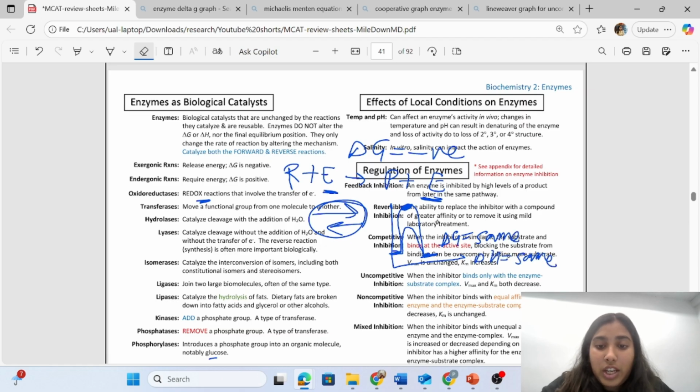The only thing changing is this big energy jump. Instead of taking a larger jump, you're taking a smaller jump, so it takes less time. And if you go the opposite way, the reverse way, you're still taking the same smaller jump. So it catalyzes both forward and reverse reactions.